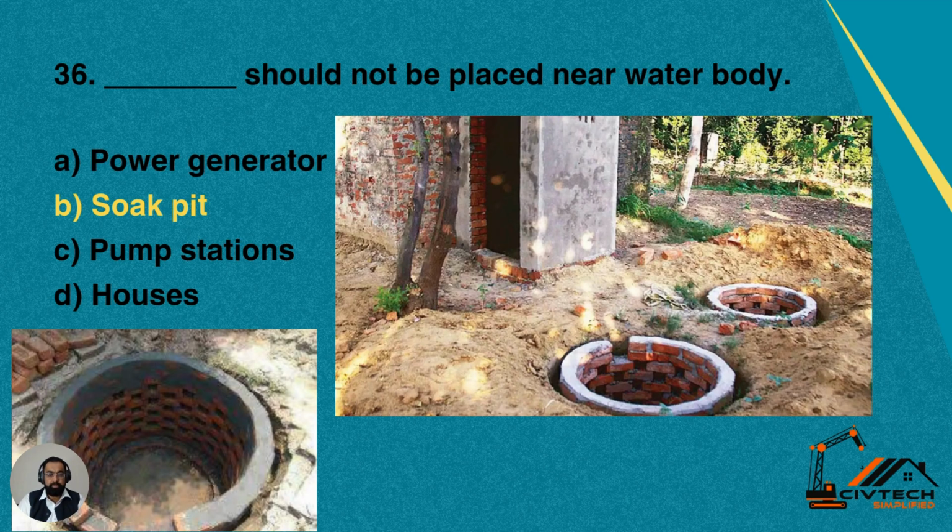I have placed a few pictures of the soak pit to give you an idea of what this is. A soak pit is basically provided in an area where there are no communal or municipal drainage services. So we provide a soak pit after the septic tank.